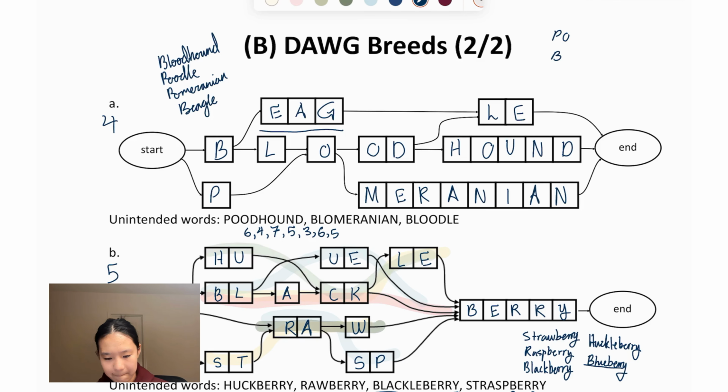So I think we shouldn't overlap the OOD for the bloodhound or the poodle, because that can lead to words like poodhound and poodle. So instead, we should just keep them separate and have B go to eagle, and bloodhound.